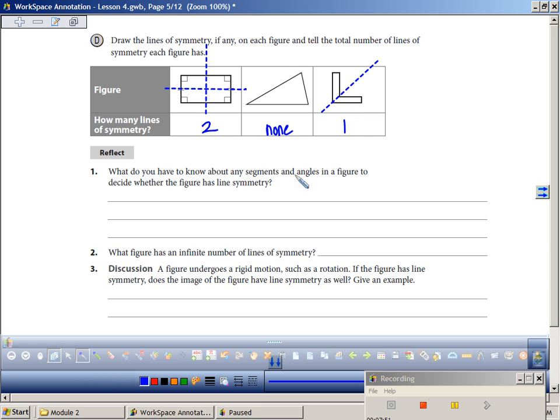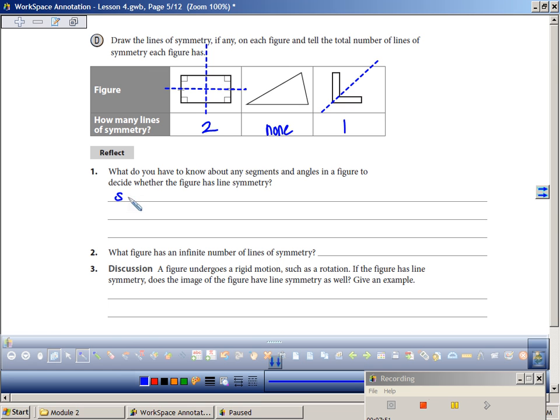All right, let's talk about this. What do you have to know about any segment and angle in a figure to decide whether it has line symmetry? So what do you have to know about lines, segments, and angles in order for it to have line symmetry? Yeah, right? You've got to have the same measure.